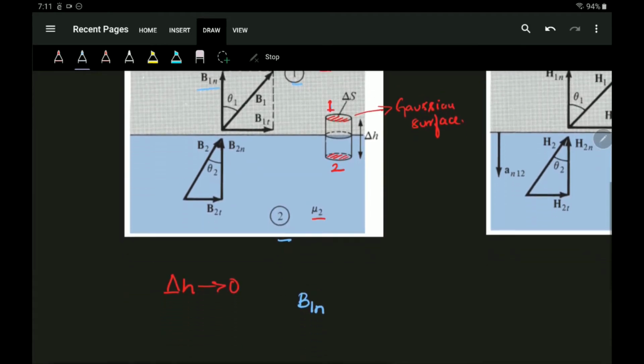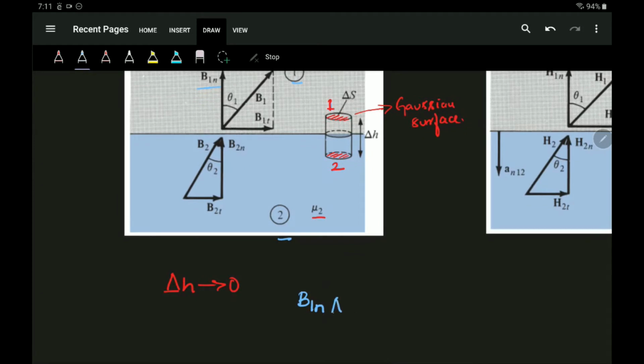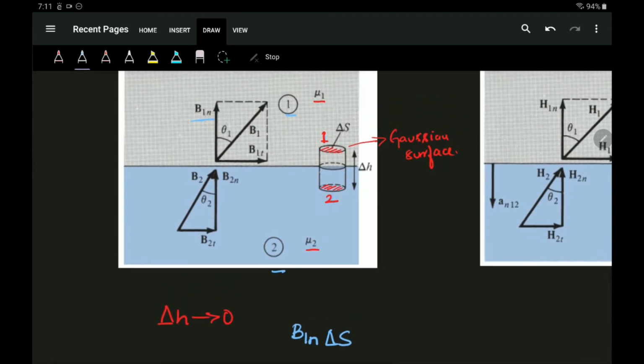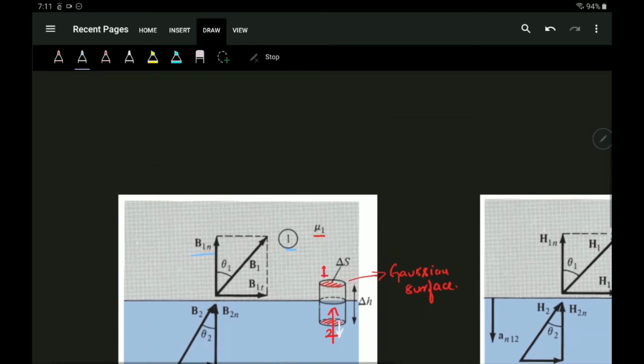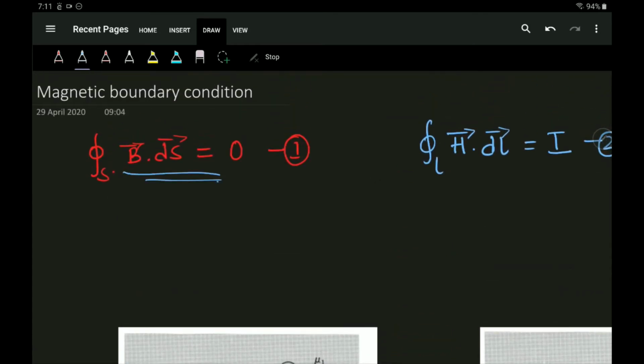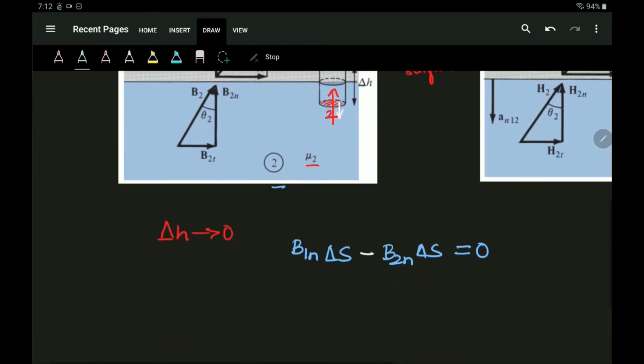The flux entering at the bottom is opposite to the area vector, hence it becomes negative: minus B2n, again times the surface area delta S. This should equal 0, as our Gauss law states: the closed surface integral of all the flux getting out of that surface is equal to 0. That's what this equation states.